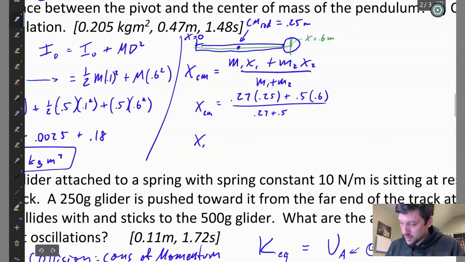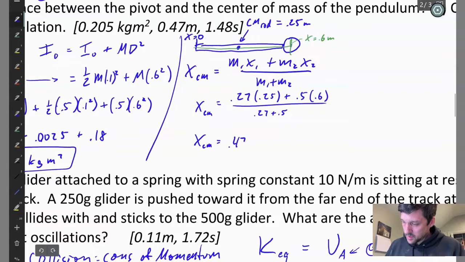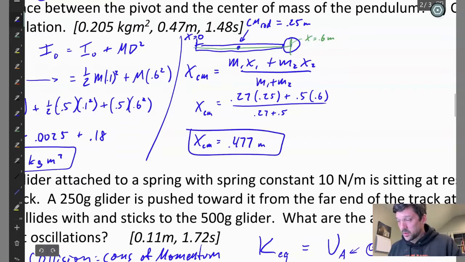So the center of mass of these is going to be located there. 0.477 meters. That worked out nicely.